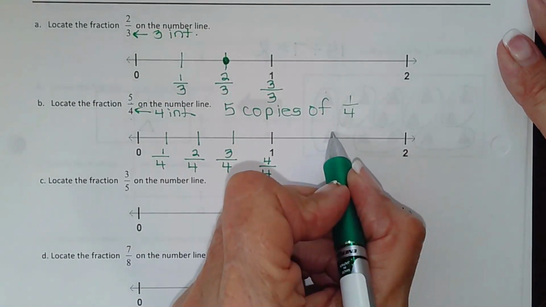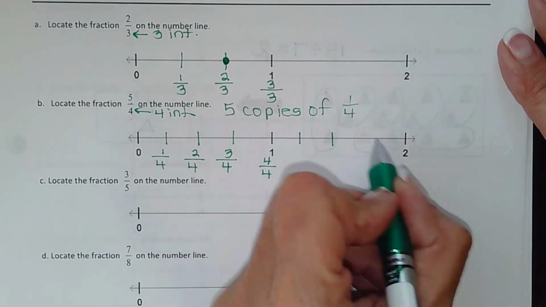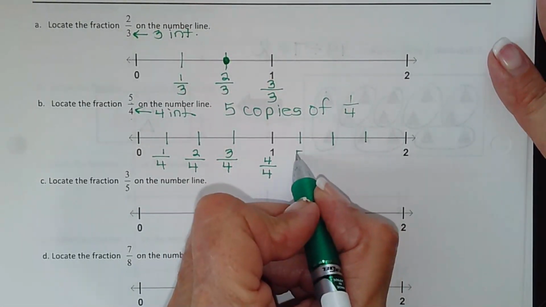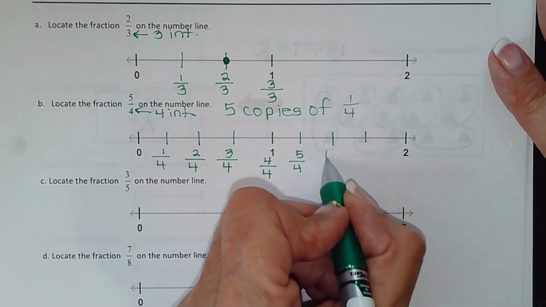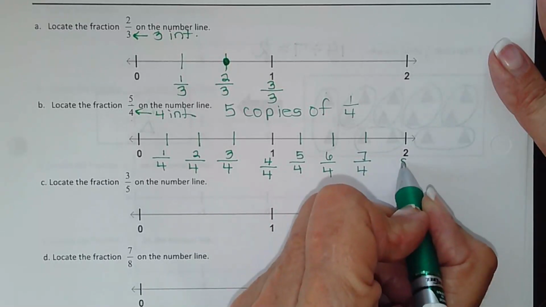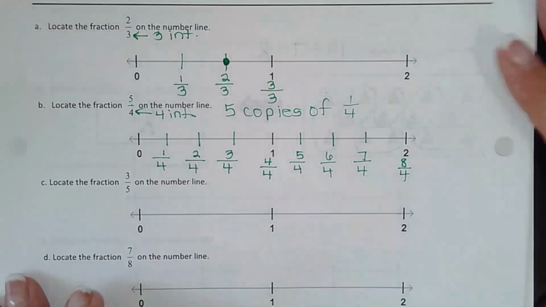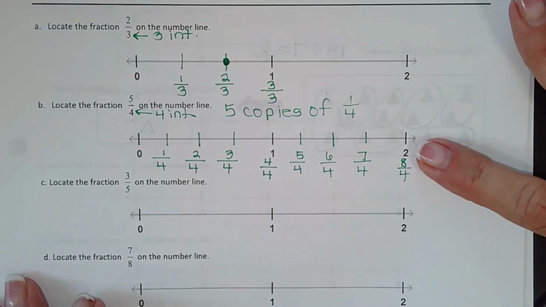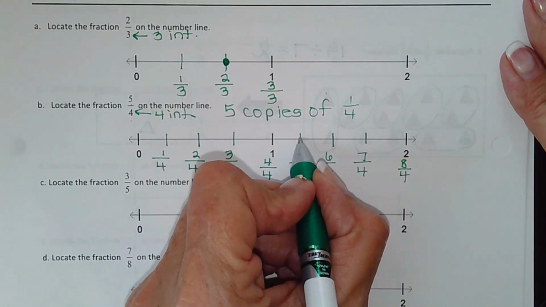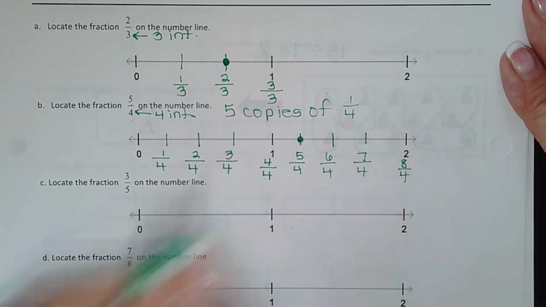So now I have to do the next interval, same thing, break it into 4 intervals, 4/4, 5/4, 6/4, 7/4, 8/4, and I'll know if I've done it correctly. Is 8 divided by 4 2? Yes, it is. And then mark 5/4 on your number line.